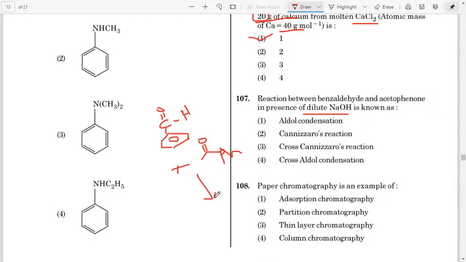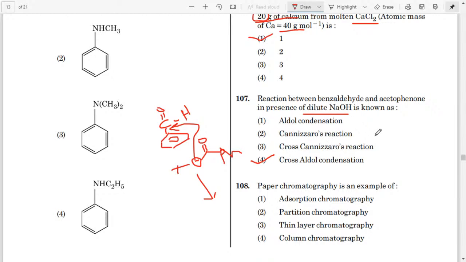So don't choose option number 1. Yes, aldol condensation is correct, but it is benzaldehyde and acetophenone, so it is crossed aldol condensation. The most correct answer is crossed aldol condensation.